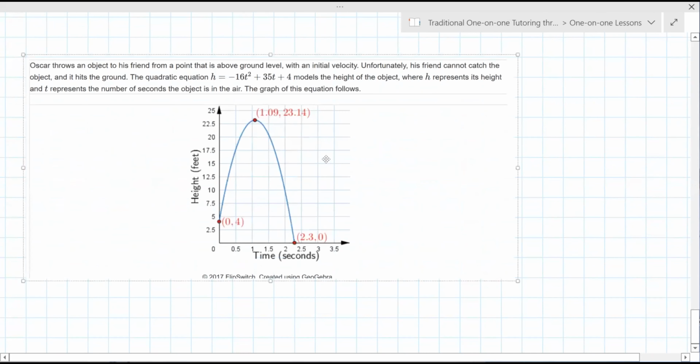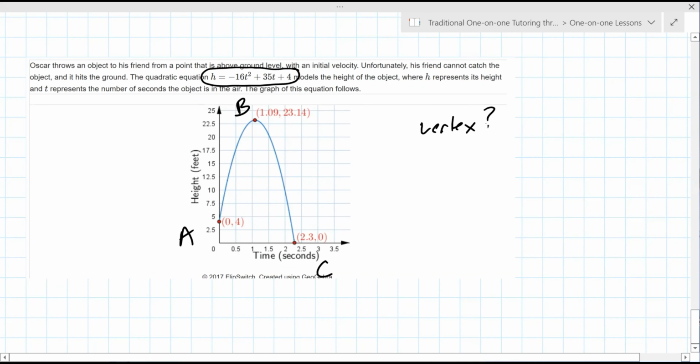All right, so this is Oscar throws an object to his friend. Again, that's great, but what you want to focus on is this equation right here. So when you graph it, it should look a lot like what's going on in this picture here. There's three places of interest, A, B, and C. Which is the vertex of this one? C. C is where it hits the ground. Oh, vertex. That would be B. B, it's either the min or the max.